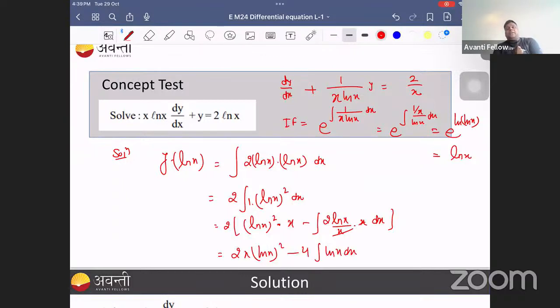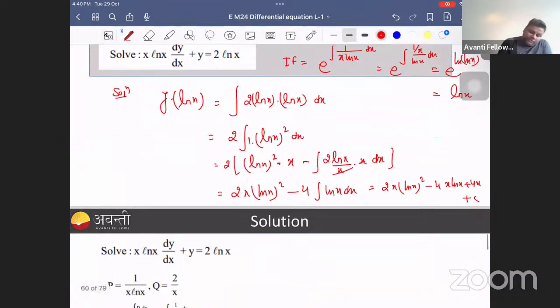And the integration of ln x is what we remember from so many days, that is x ln x minus x. So it is 2x ln x whole square minus 4 times x ln x minus 4x, so it will become plus 4, plus constant. So this will be your solution.